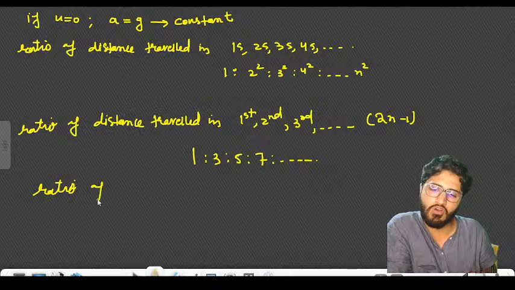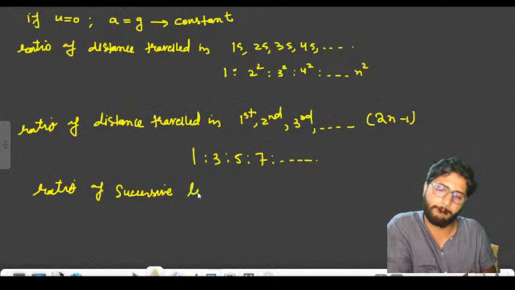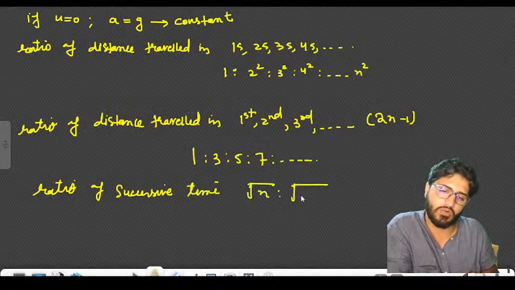The ratio of successive time will be under root n is to under root n minus 1.